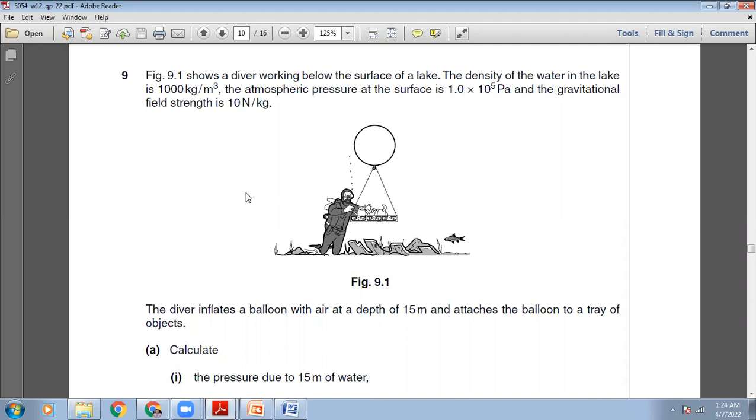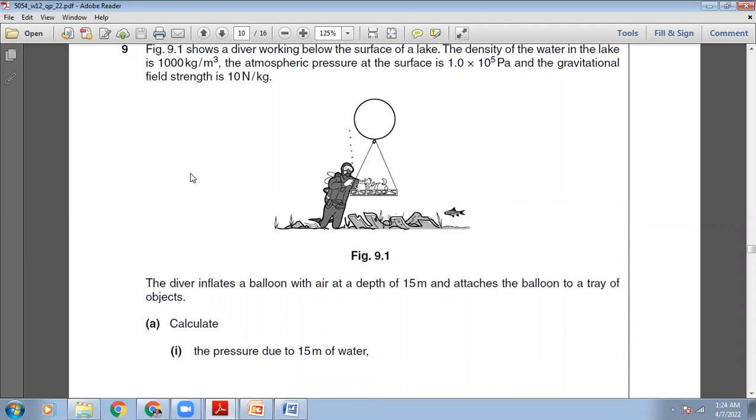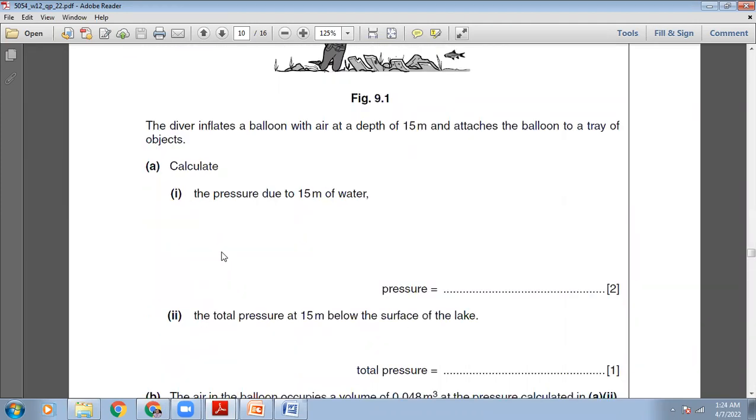The atmospheric pressure at the surface is 1 times 10 to the power 5 Pascal, and the gravitational field strength is 10 Newton per kg. The diver inflates a balloon with air at a depth of 15 meter and attaches the balloon to a tray of objects. Calculate the pressure due to the 15 meter of water.